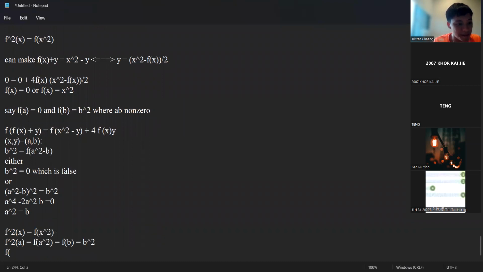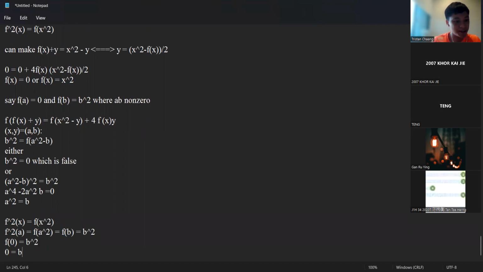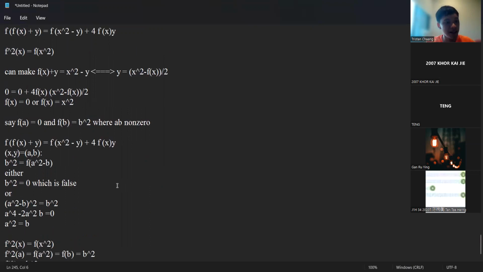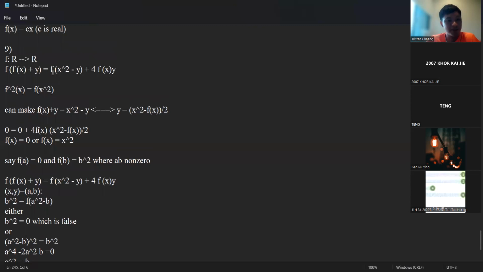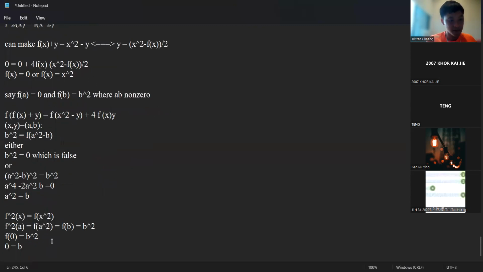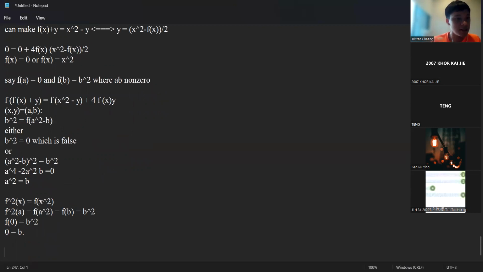But what's f(a)? f(a) is 0, so 0 equals b squared, so 0 equals b. So after the pointwise trap, you can just plug it back in and force a contradiction to occur. So now we can restate the solution: f(x) is entirely 0, or f(x) is x squared.